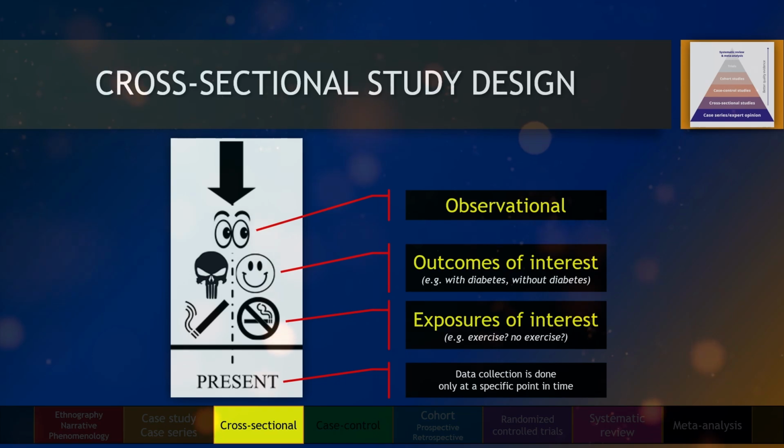The study design is often used to describe the prevalence or characteristics of a particular phenomenon within a population, since when you use this study design, you get to see how many of the study population have the specific exposure, outcome, or both, again, at a specific point in time.